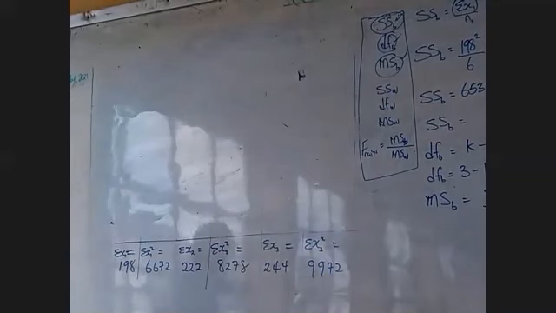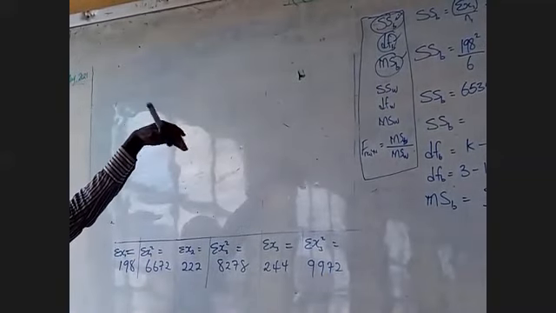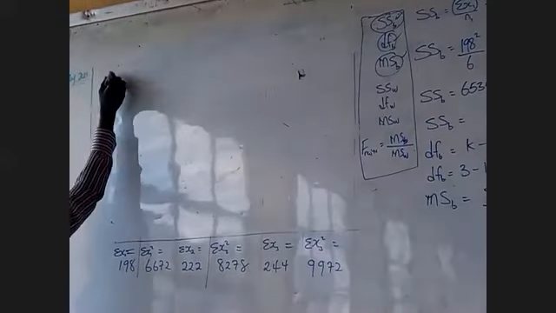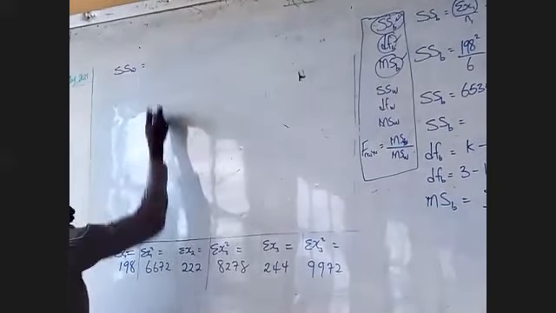All right. So just like what we did for between the groups, we will also do the same thing for within the groups. So what's the formula for within the groups? Yeah, let me split it.